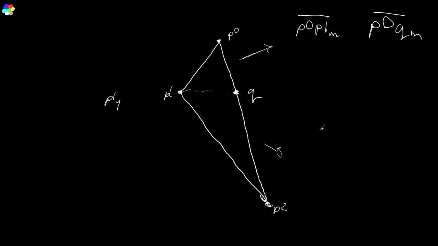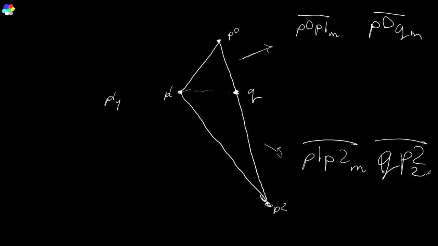And here, you're going to go P1, P2, your slope there, and Q, P2, and your slope. No, I'm just messing it up now, aren't I? Good job. All right. And here is the deal.